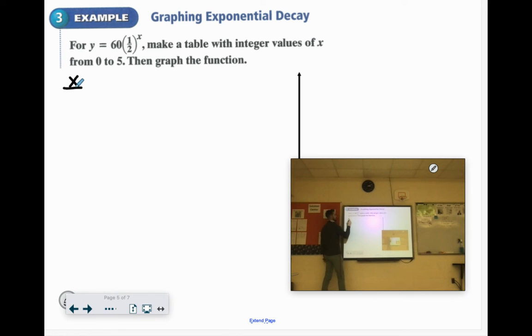X 0, 1, 2, 3, 4. It's probably going to be easier if you're cracking off a bunch of these in your calculator. 1/2 as a decimal is 0.5.